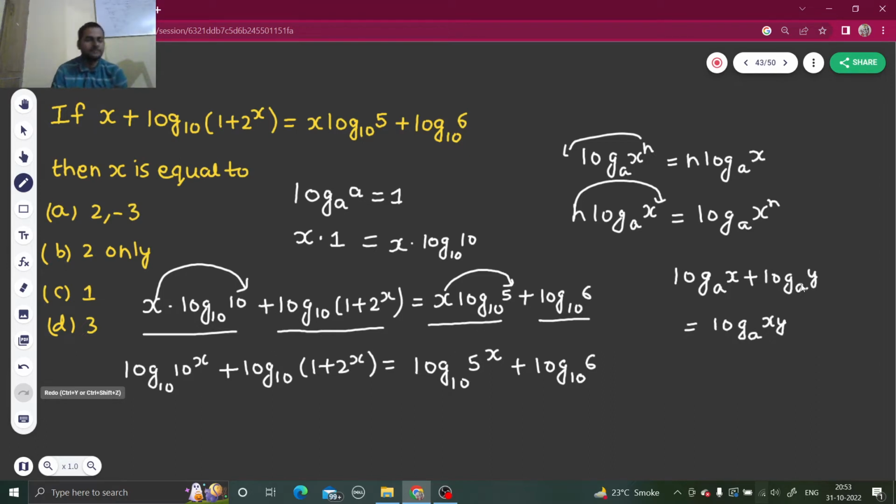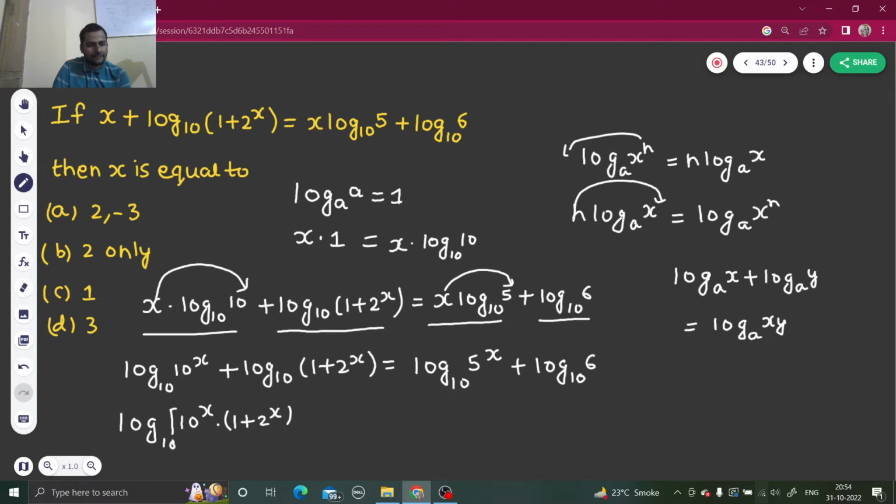Fine enough? Yes. So let's use this property on both sides of the equal sign. So I can write this as log of 10 power x multiplied by (1 plus 2 power x) to the base 10.